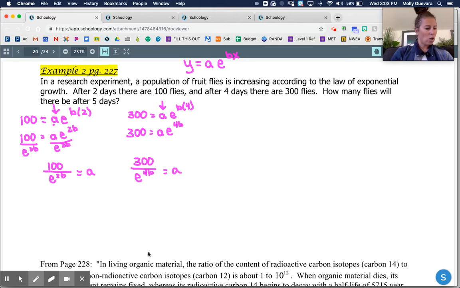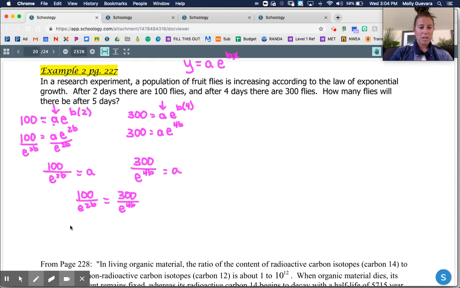Okay, so if this is a and this is a, then they're the same thing, because a is equal to a. So I can then say that 100 over e to the 2b equals 300 over e to the 4b, because they're both a.